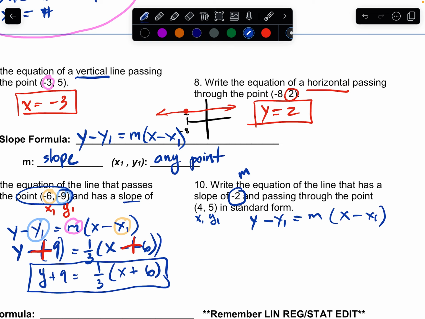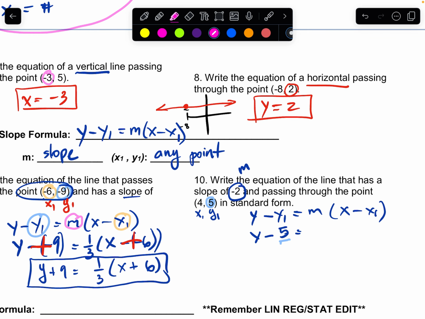Then I substitute. y1 goes here, that's 5, and that's equal to m, which is -2, times x minus 4.